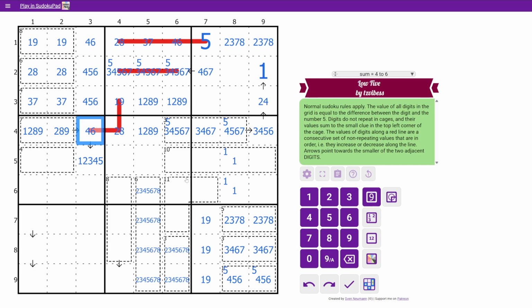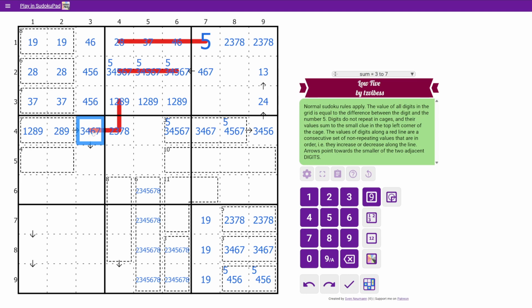Oh, hold up. That can't be right. I need to back up there. We can't end on 1, we have to end on 2.